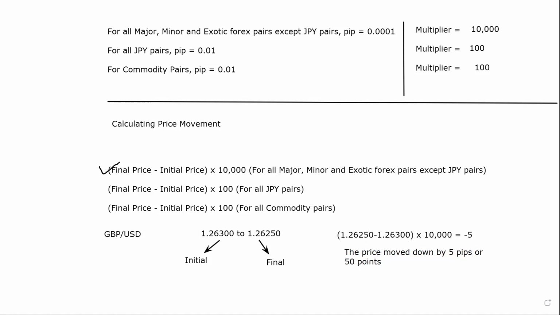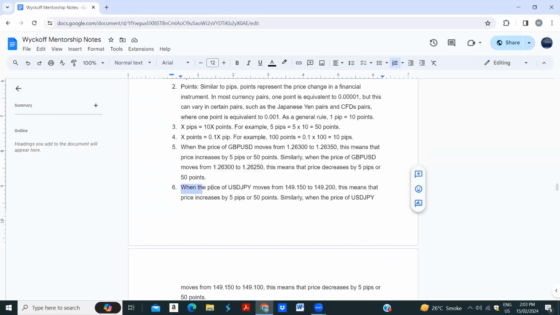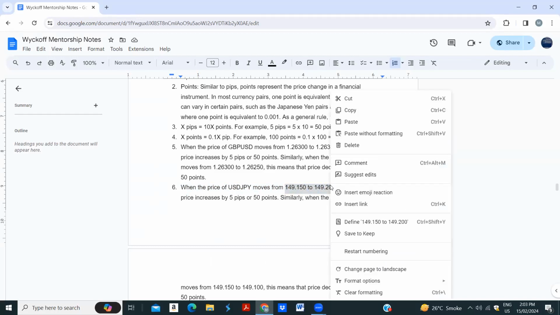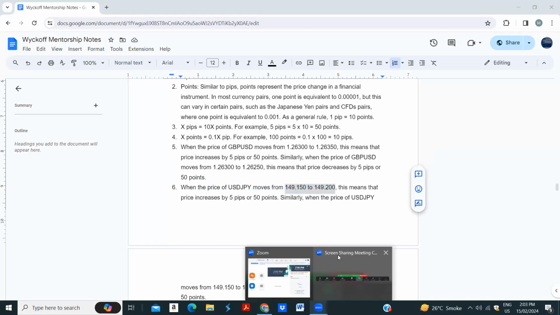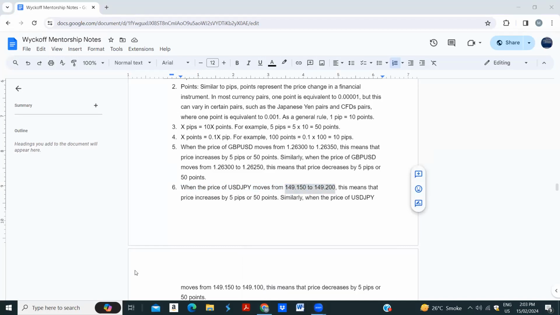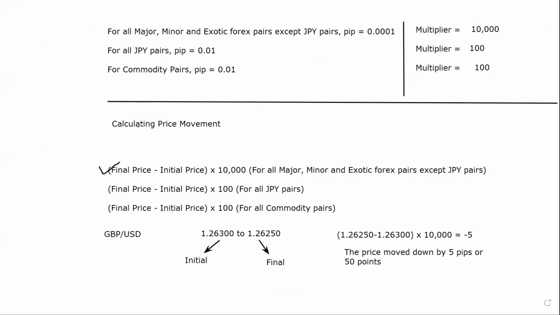Now we will move on to the next case scenario. When the price of USD JPY moves from 149.150 to 149.200, we need to calculate the distance in pips. So how are we going to do that? We will go back to our whiteboard and write down the price here.